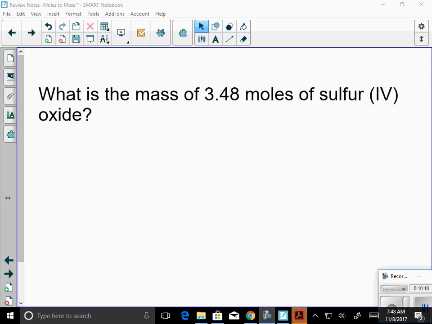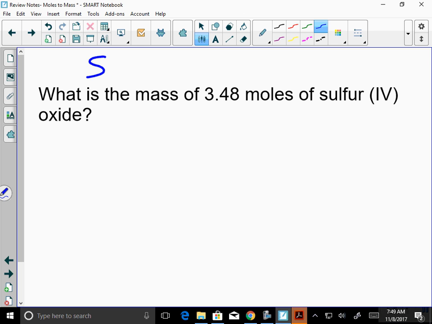I know based on my oxidation numbers that oxygen is either 2 minus or 1 minus if it's a peroxide. Is this a peroxide? Does it say peroxide? No, it does not. So oxygen has a 2 minus charge. Sulfur's 4 plus, oxygen's 2 minus. So my formula is simply SO2.